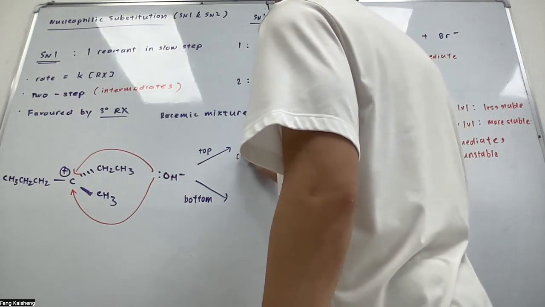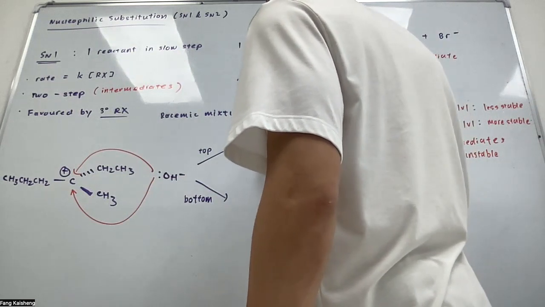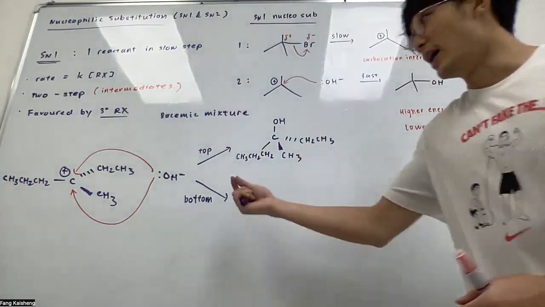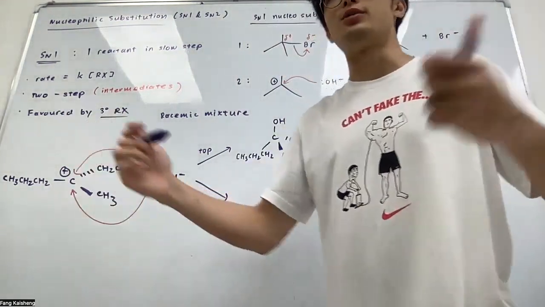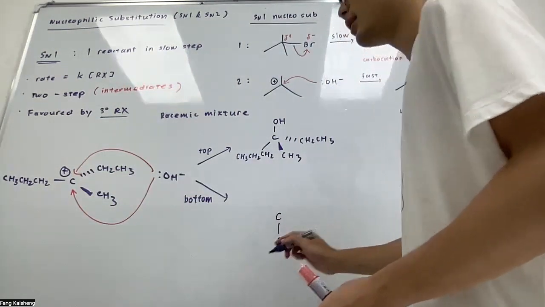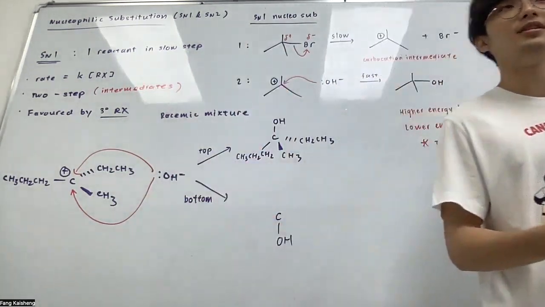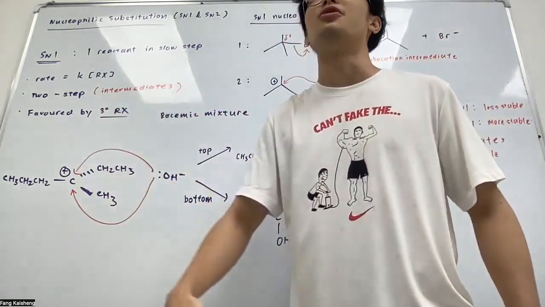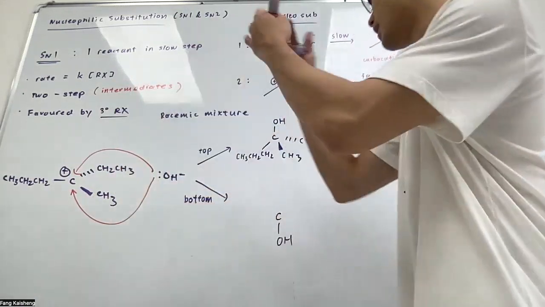Luckily you don't have to draw this up. If, on the other hand, I attack from the bottom, then all the other bonds will get flushed upwards. You can see I attack from the top, force everything down. I attack from the bottom, force everything up.